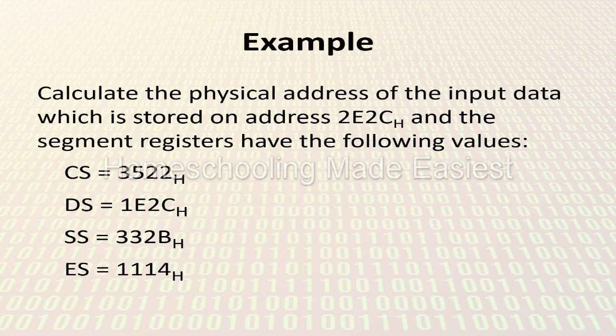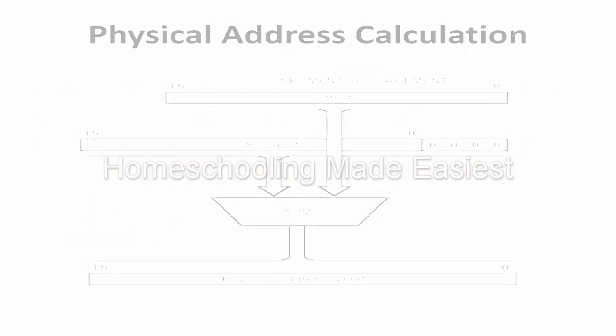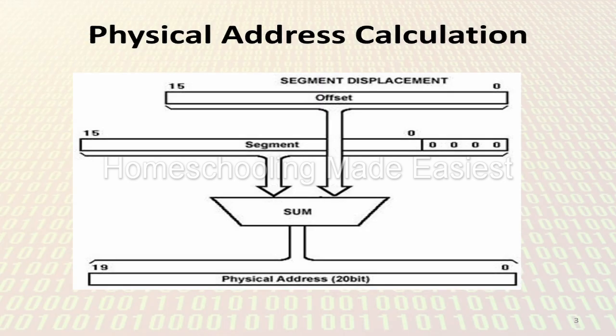Okay, so first we have to know what is the formula in calculating the physical address. So let us look at the formula. The physical address is calculated according to this. So we need to know first the offset, or the logical address of that item, and we need to know also the segment address.